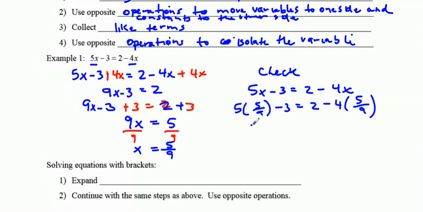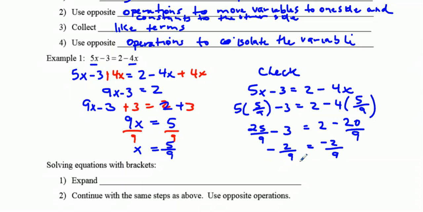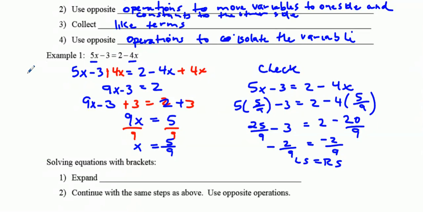All we end up with is the left-hand side, and we figure out what the right-hand side is as well. So this, I'm multiplying my fractions, and this is going to be minus 2 over 9, I believe, and this is going to be 18 minus 20, which is also minus 2 over 9. So left side equals right side. Okay, so I know we are correct with our answer, x equals 5 over 9.